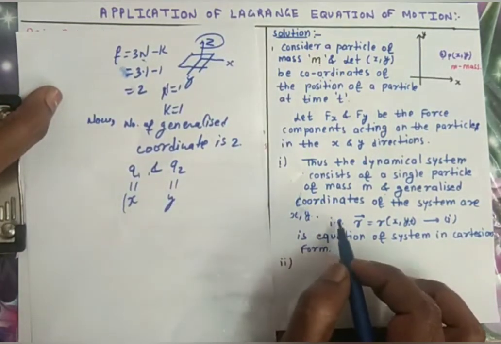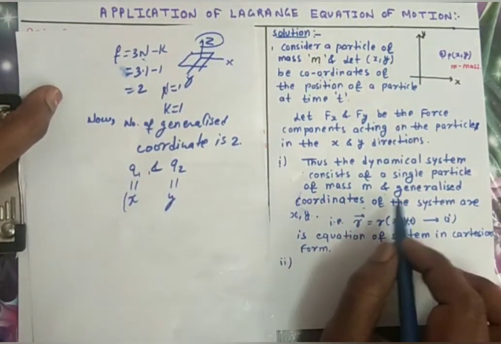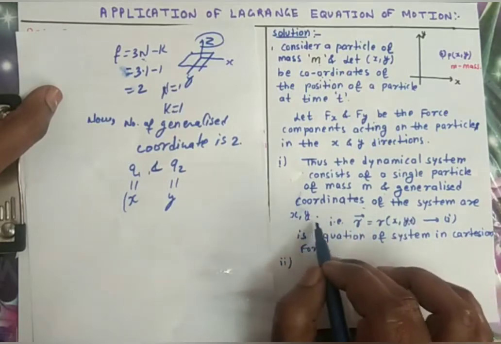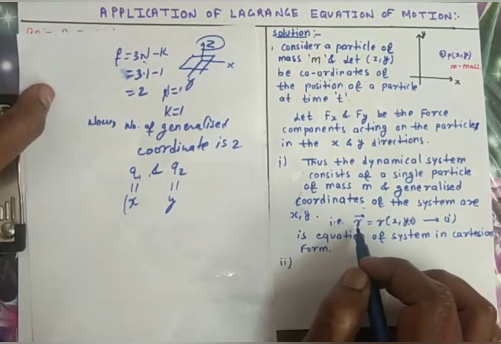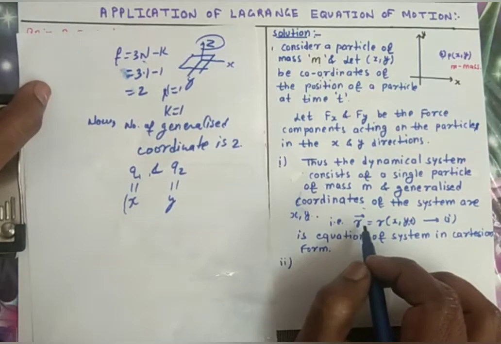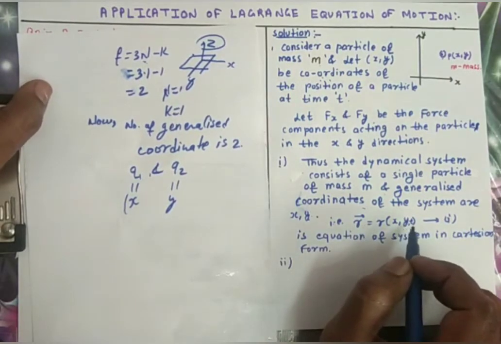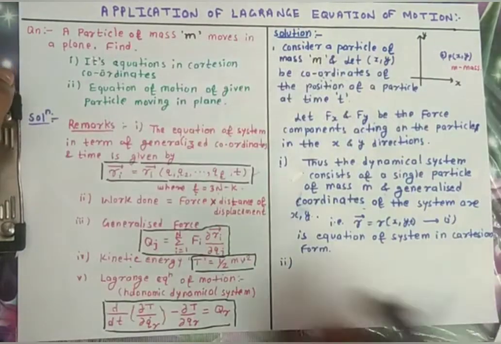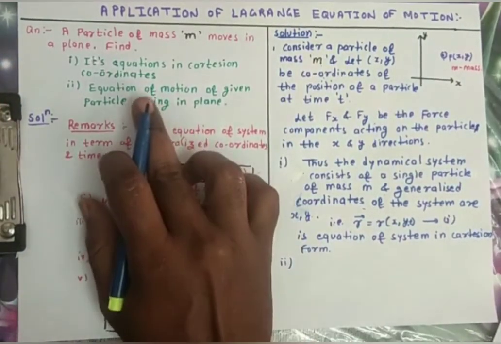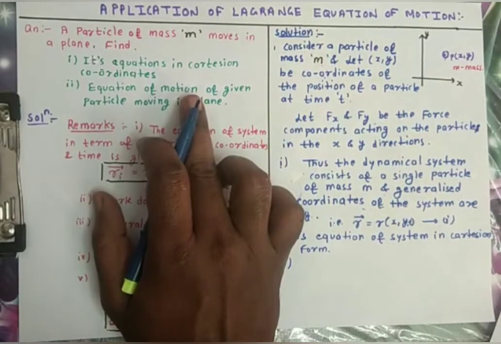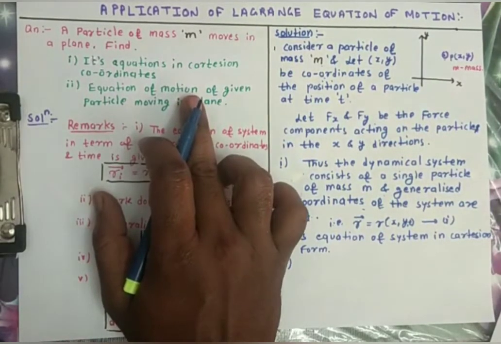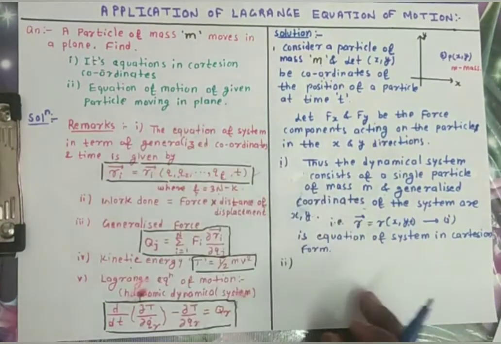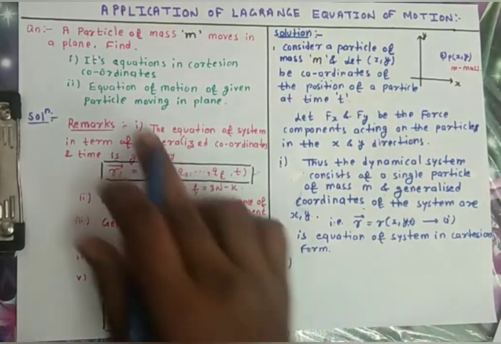So we have written here, the generalized coordinates of the system are x, y, that is the position vector of the particle becomes r(x, y, t) in terms of generalized coordinates and t. Now in another question, we have to find the equation of motion of that particle. So let's start the second question, and that question is important.